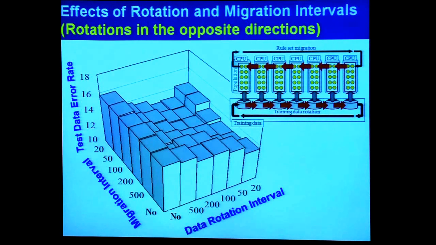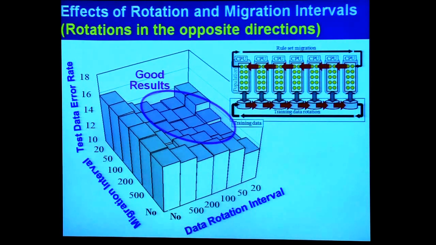In some computational experiments, we did not use data rotation or rule set migration, so no rotation and no migration. This is the error rate: the smaller the better.